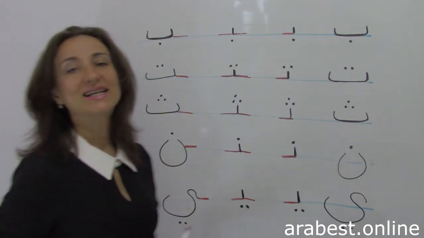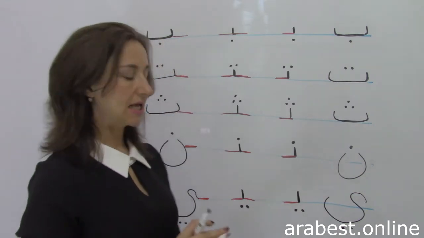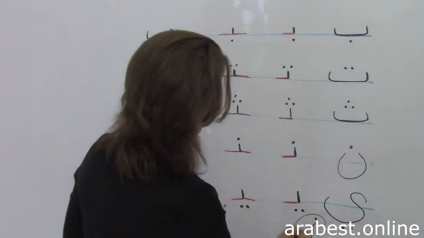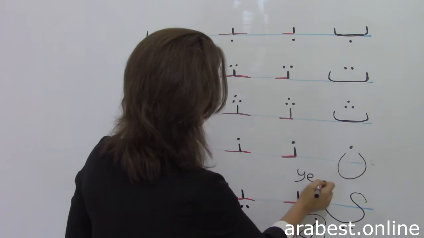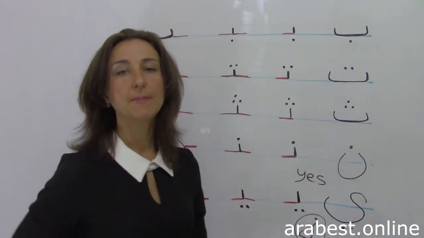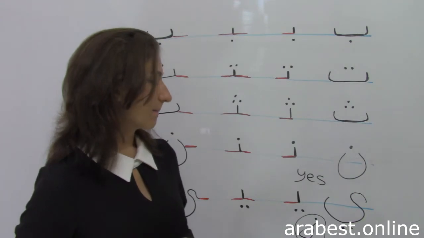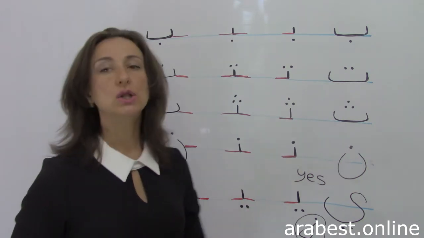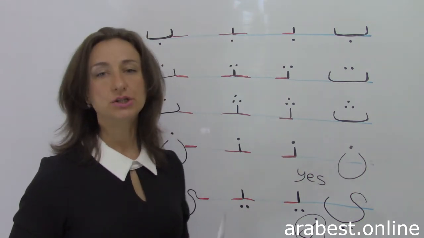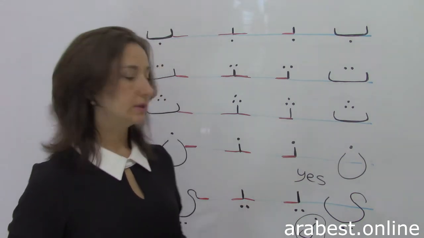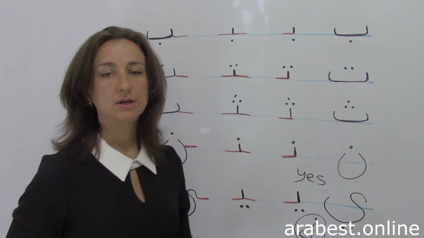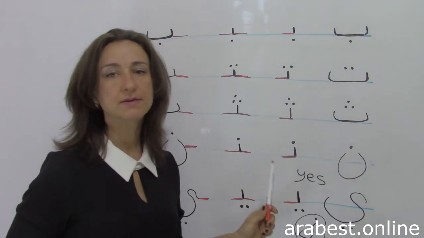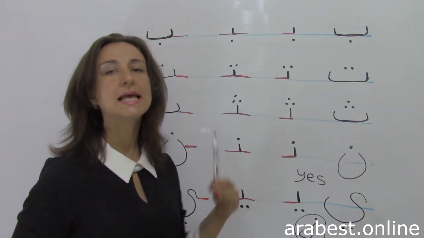Letter ya gives us the sound y, like yes. Also, this letter might give us a long e in combination with some other letters. We'll discuss this subject later. Just now, we should mind that letter ya gives us y or long e.